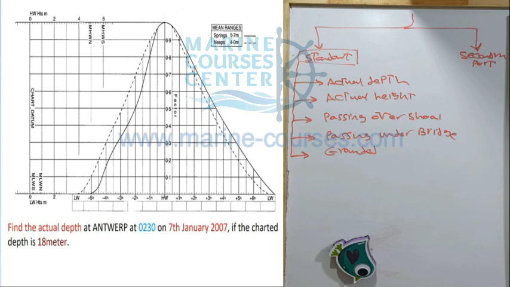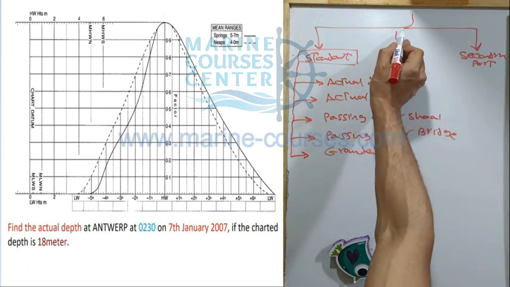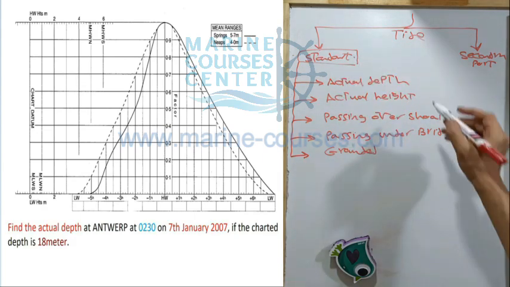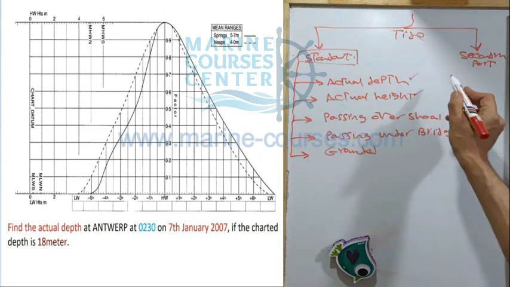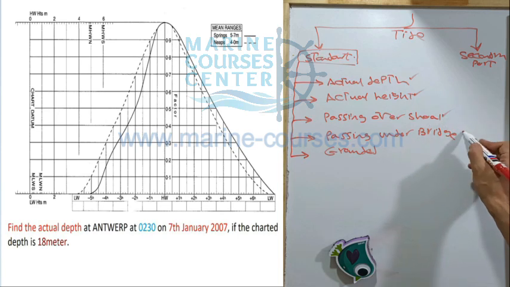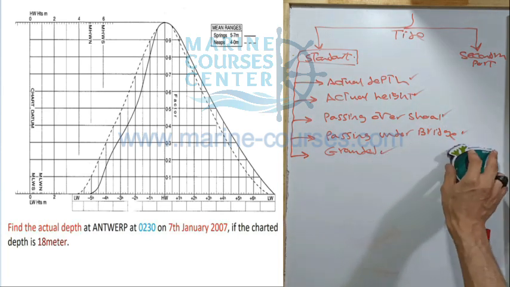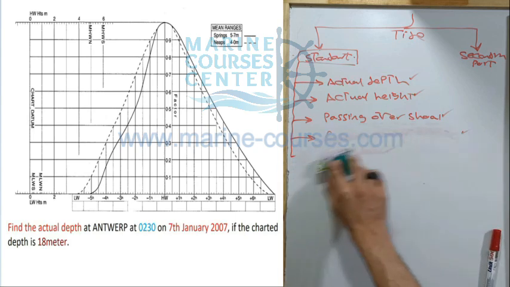So right now in this lecture we're going to talk about tide for standard port: actual depths and actual height, passing over shoal, passing under bridge, and grounded. So we're going to start right now.